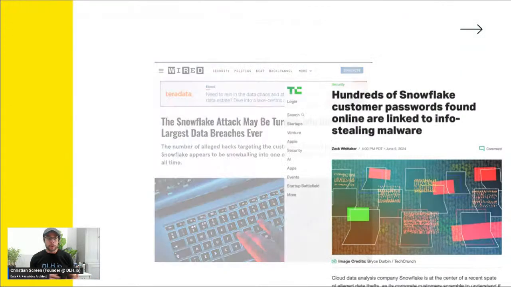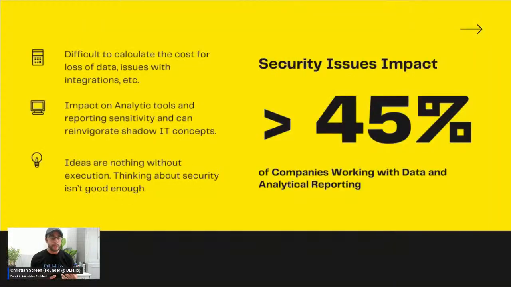So if we move on a little bit and talk about how security issues impact the world of data, there's a report out stating that 45% of companies working with data encounter some type of security impact during their journey. And it's difficult to calculate the cost for the loss of data, the issues with integrations, whether that be upstream or downstream, identifying where that issue comes from.